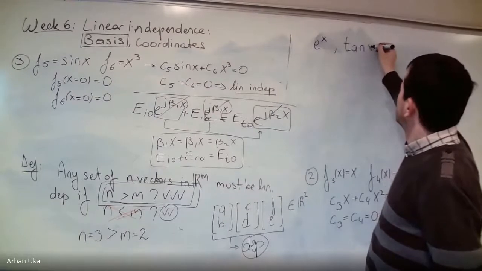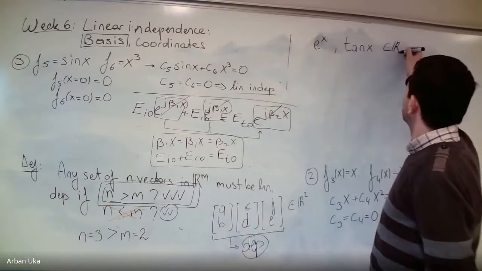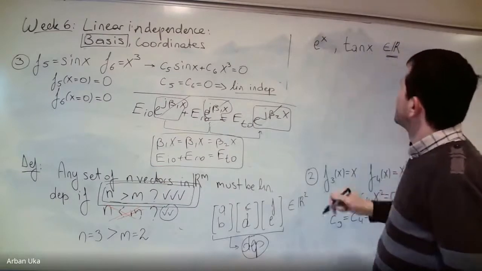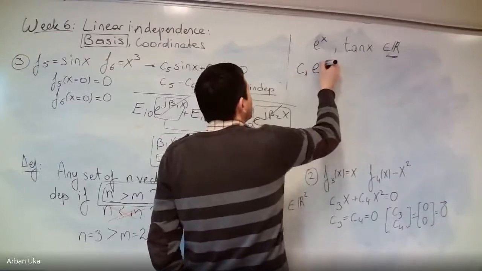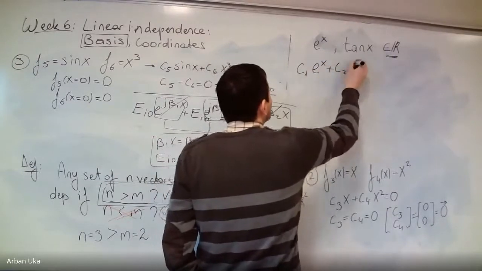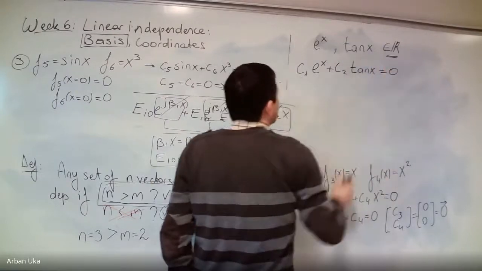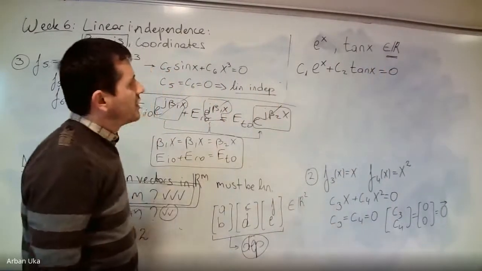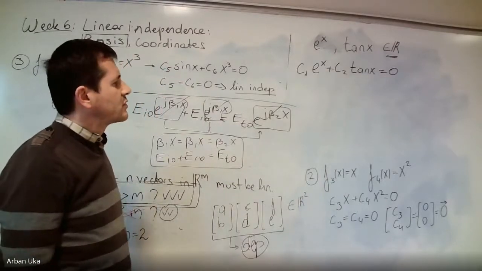It is true they are both elements of R. You are correct. But then the definition is this: can we find C1 e to the power x plus C2 times tangent x equal to 0? For which values of C1 and C2 is this identity true for all values of x?